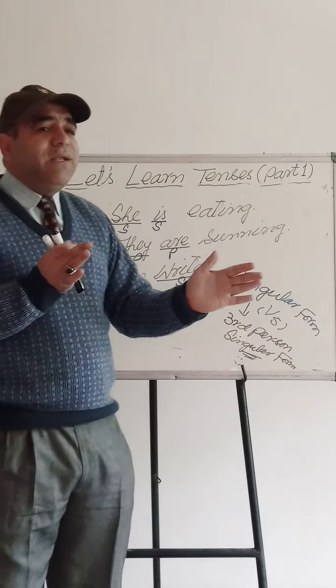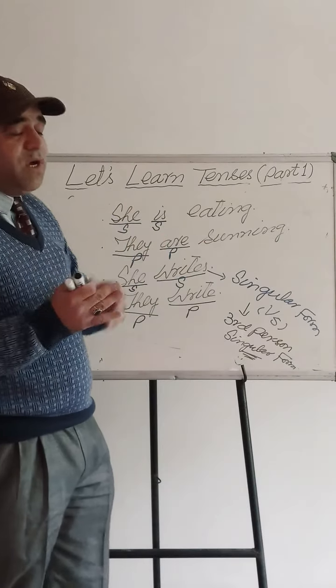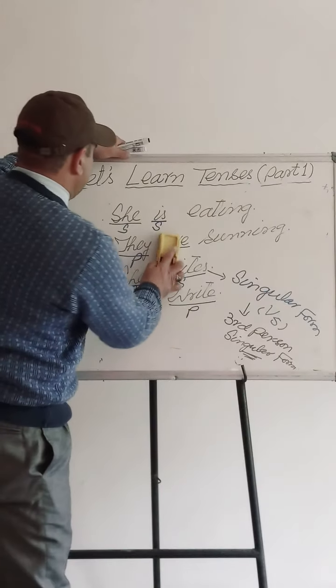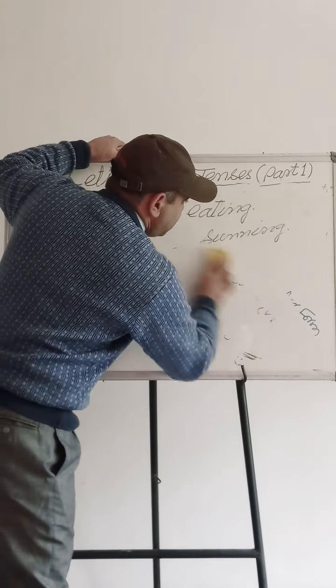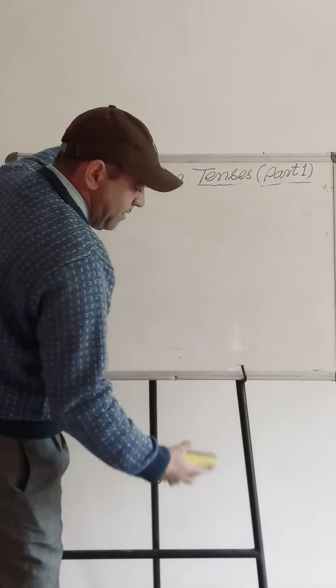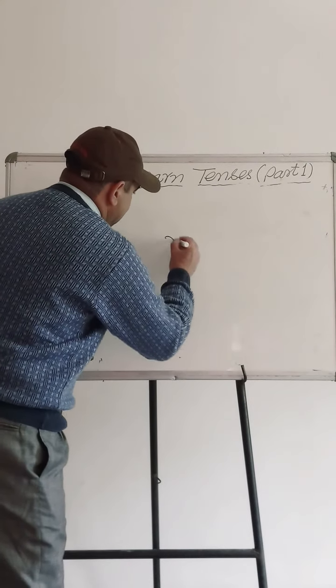So what we have learnt here is that singular subjects take singular verbs and plural subjects take plural verbs. But this is not the case with the first person singular I. Let us do an activity.